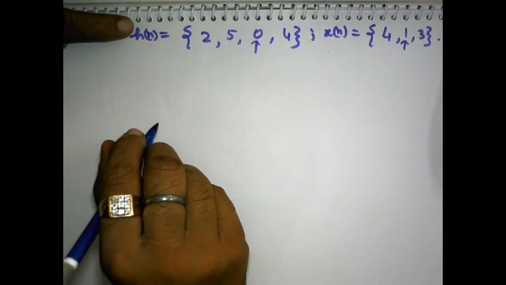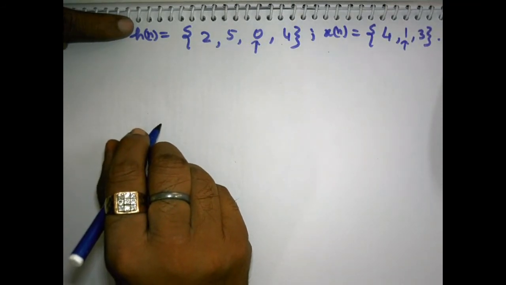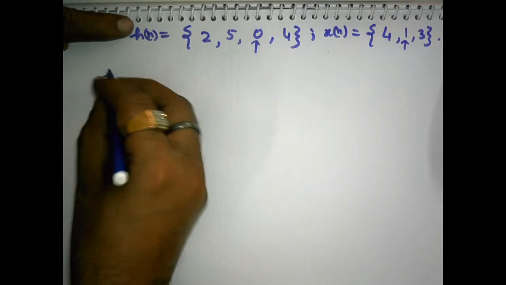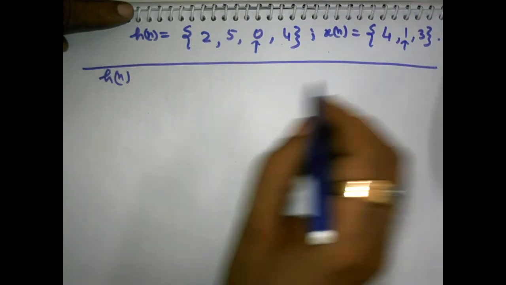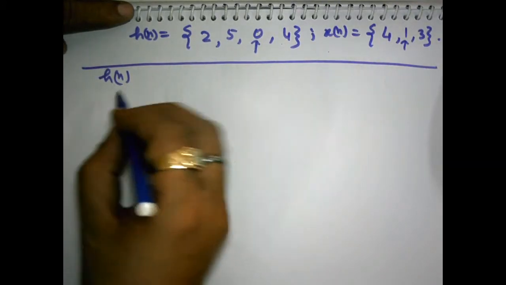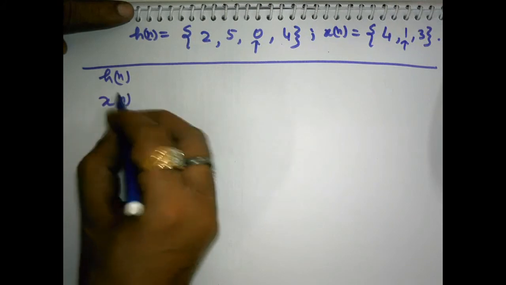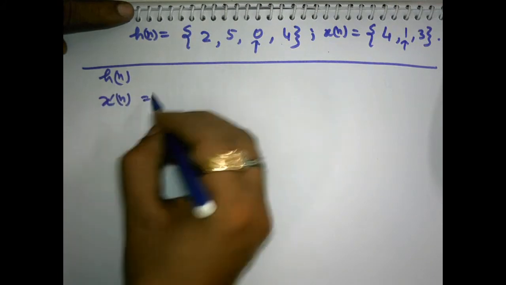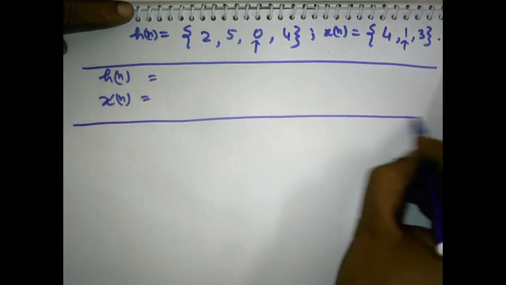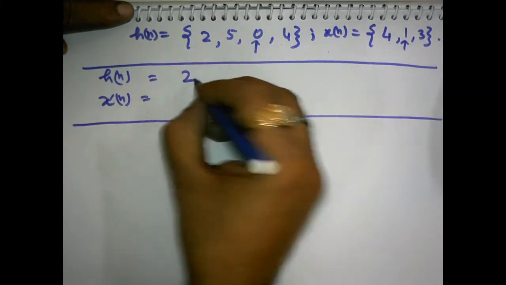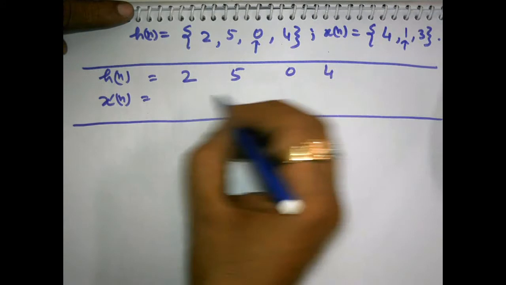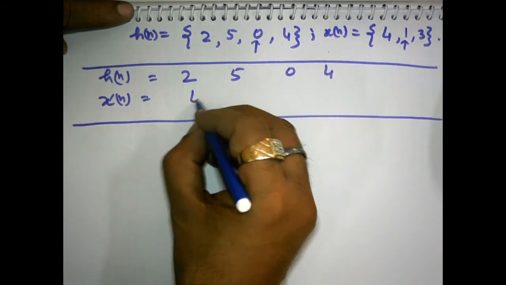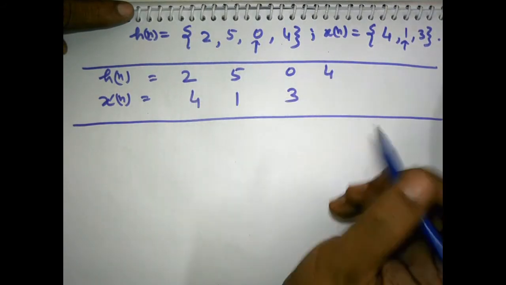What will be the yn by the sum by column method? So naturally you will write down your hn and xn in a row format like this. This is 2, 5, 0, 4 and immediately below this 4, 1 and 3.